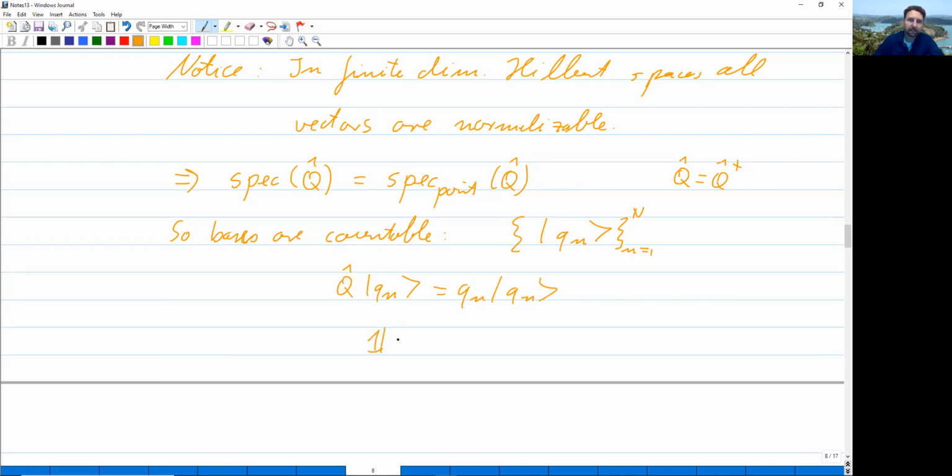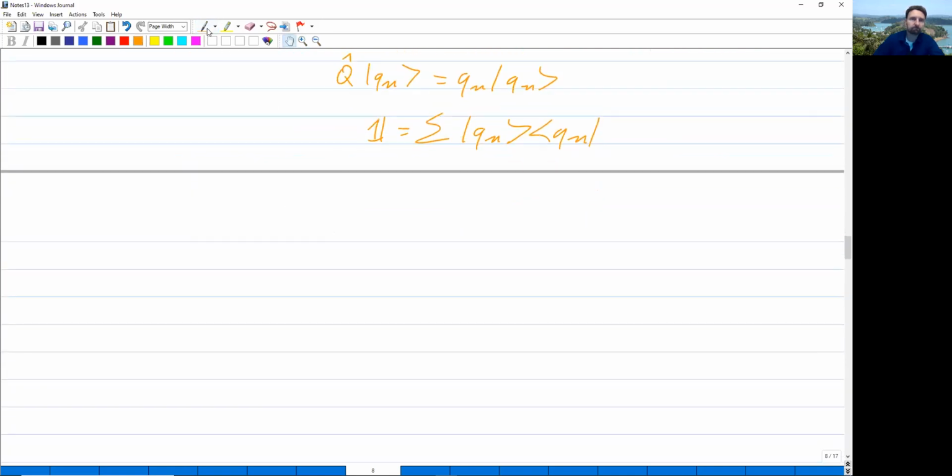We have that the identity can be expanded as the sum over n of |Qn><Qn|. And therefore, we can write, for example, the matrix elements <Qn|Q hat|Qm>. So we are writing our operator, self-adjoint operator Q hat, in its own eigenbasis. And then we find that this is, well, Q hat acting on |Qm> gives us Qm |Qm>, right?